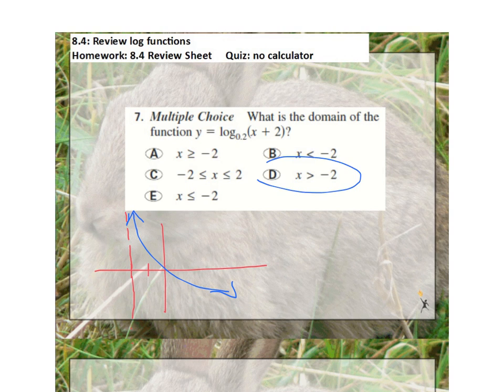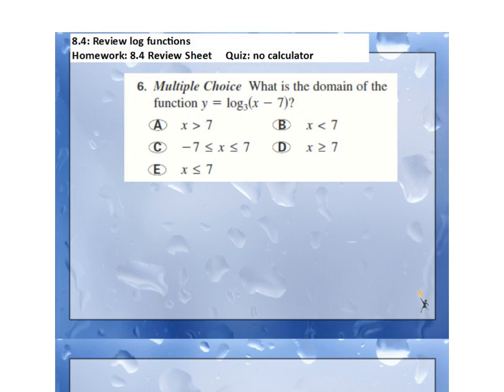Our domain is x is greater than -2. Okay, here's another domain question. Our asymptote is going to be at x equals 7. And it's going to increase, so our domain is x is greater than 7.